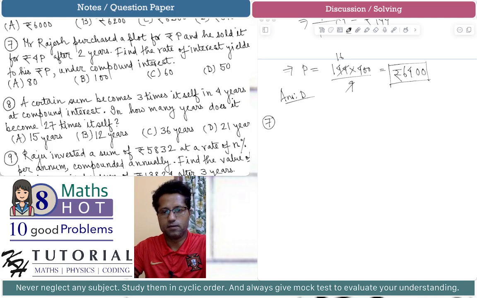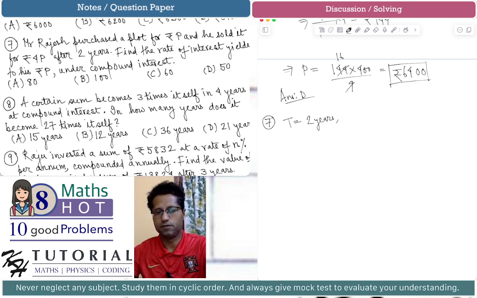So we have P. T is equal to 2 years, and since the interest is under compound interest, by default it is compounded annually. So we have U equals 12 months.